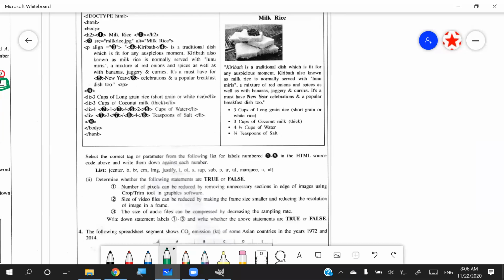Yes, yes. So the 7 is the superscript or SUP, and 8 is going to be subscript, which is at both sides of the 2. Right. So 7 is going to be SUP, 8 is going to be SUB.